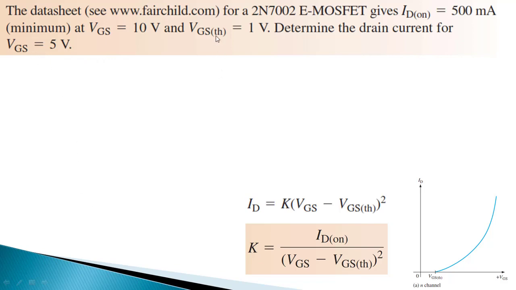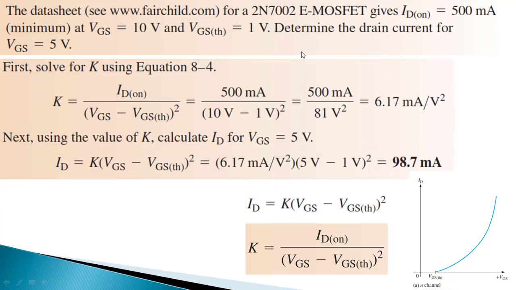So VGS threshold we have, and ID on we have here. The expression is ID is equal to K into VGS minus VGS threshold, whole square. We have already seen this in the previous class. And K is ID on divided by VGS minus VGS threshold, whole square.